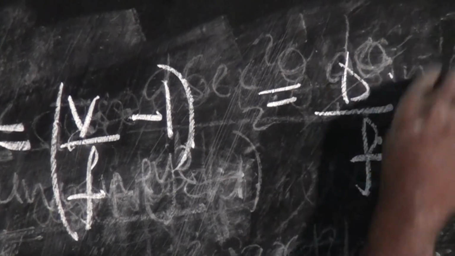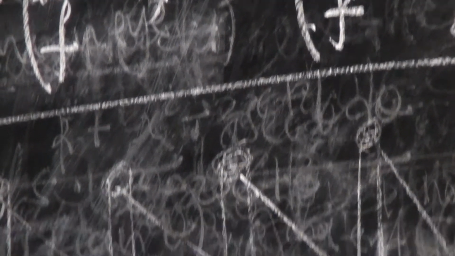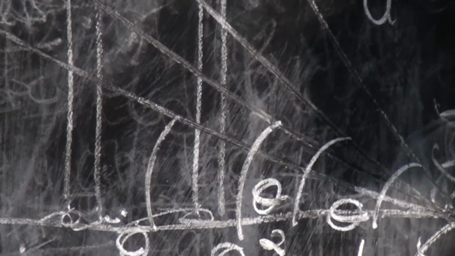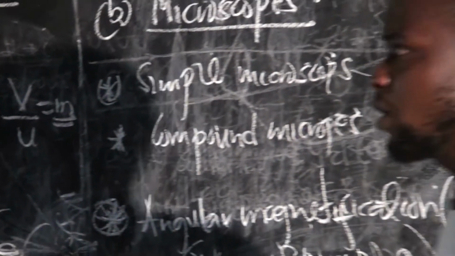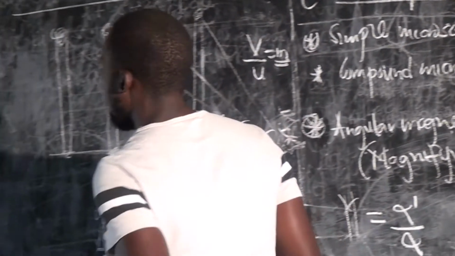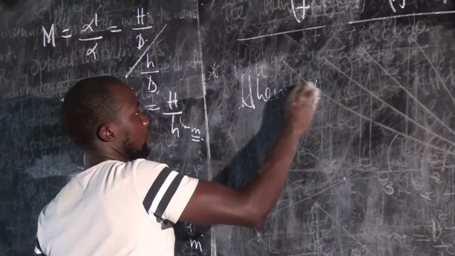So it is D over f minus 1. Now this one becomes the angular magnification of a simple microscope in normal estimate. Let us look at it when it is not in normal estimate.